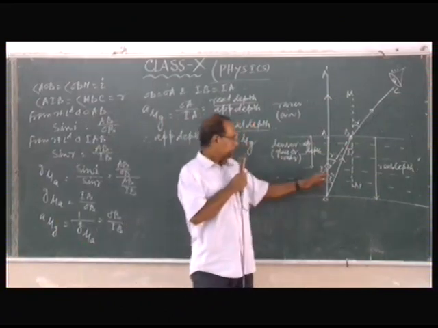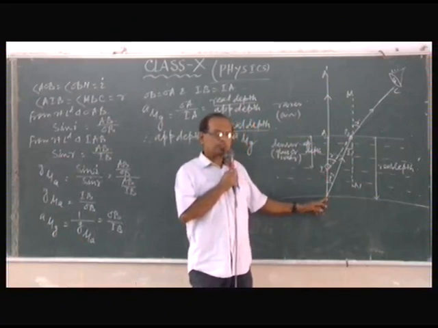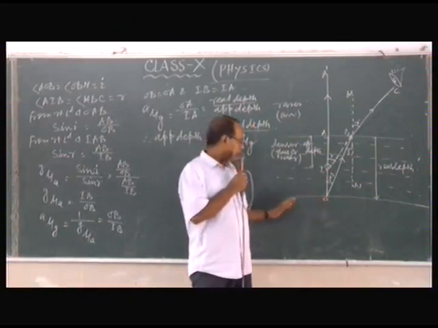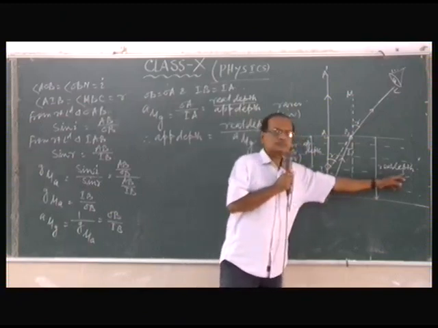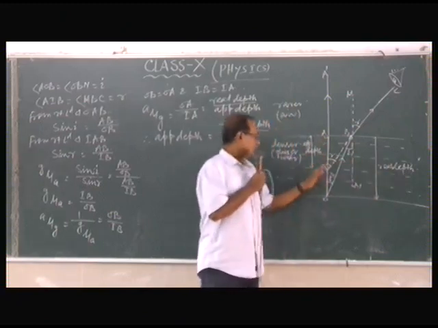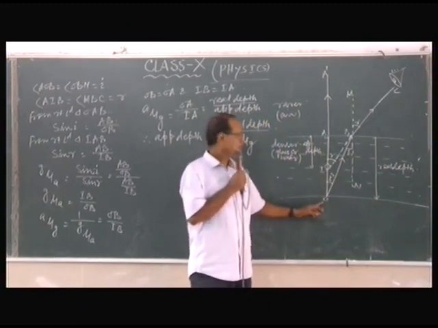Now, the image is appearing at I. This is the object. So therefore, this bottom portion is appearing here. The depth where it is appearing is lesser than the actual depth.